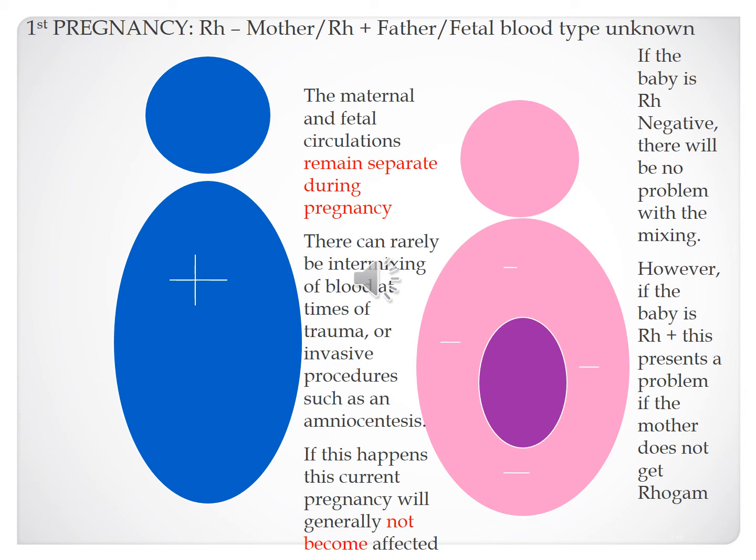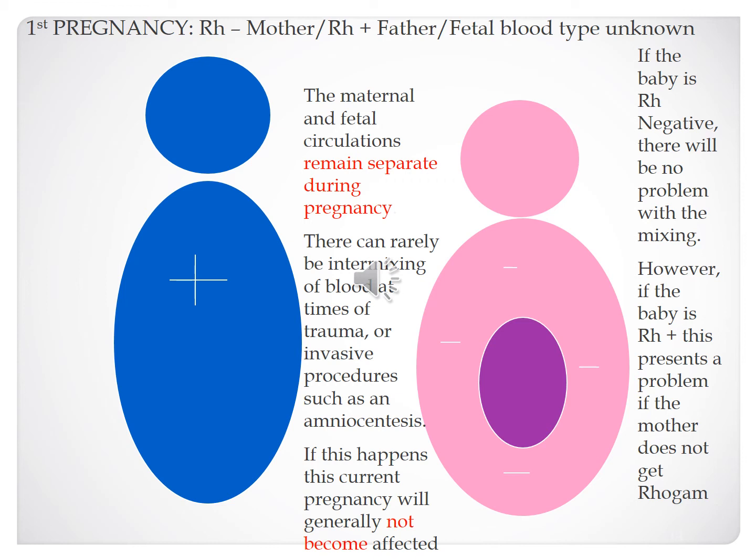In instances where there's trauma or invasive procedures such as amniocentesis or chorionic villus sampling, there can be an increase of that mixing. Okay, so let's just say we have a first time pregnant mom who's Rh negative, the father is Rh positive, she's had no invasive procedures, no amnios, no CVS, she's had no trauma to the abdomen.